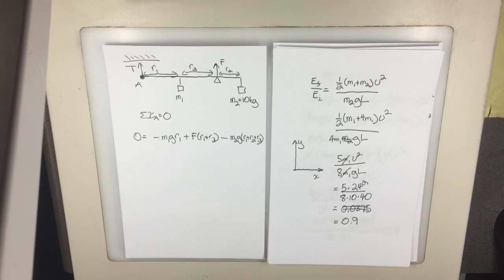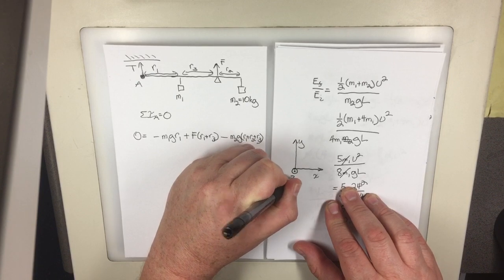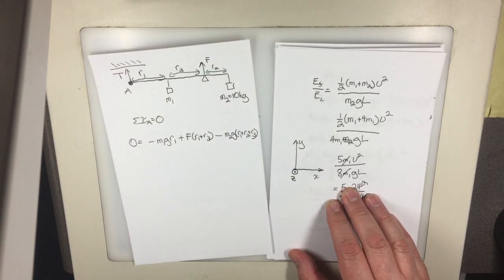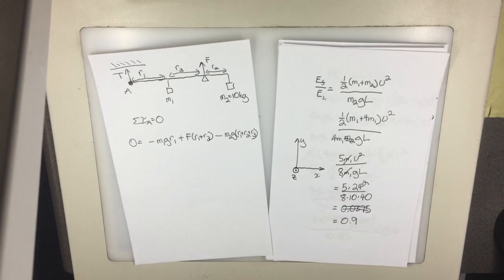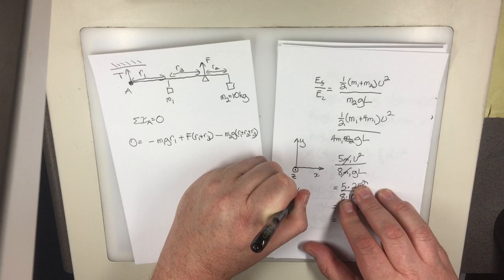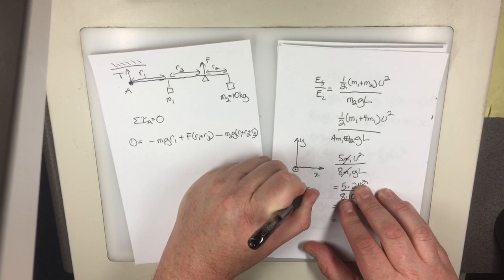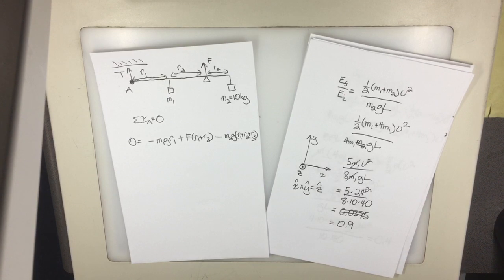The question is, is Z in or out of the page? Positive Z is out of the page, because this is all used in vectors and calculus. An identity is X cross Y will give you Z, all positive.